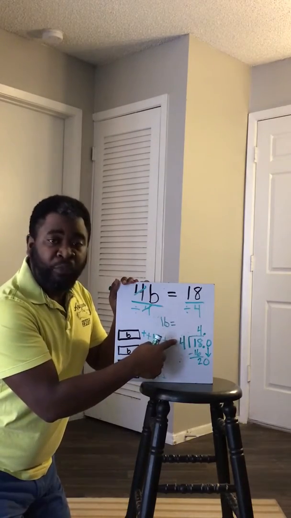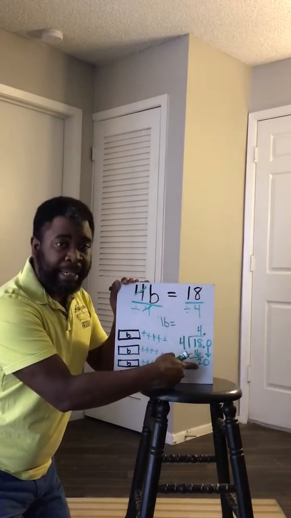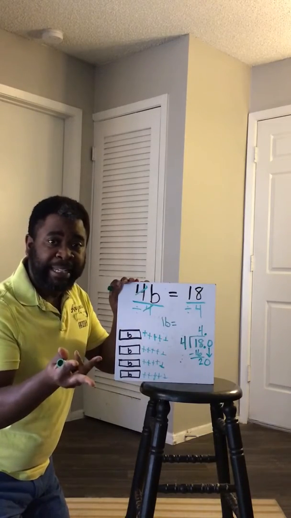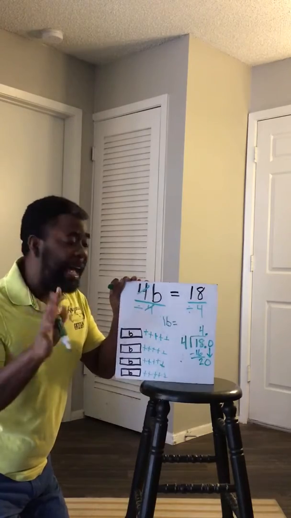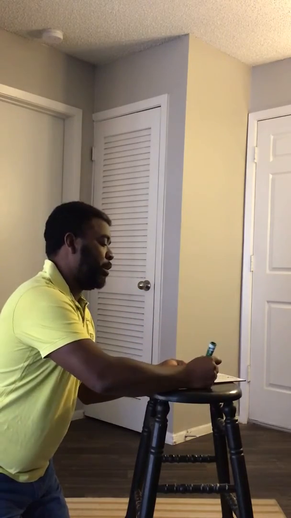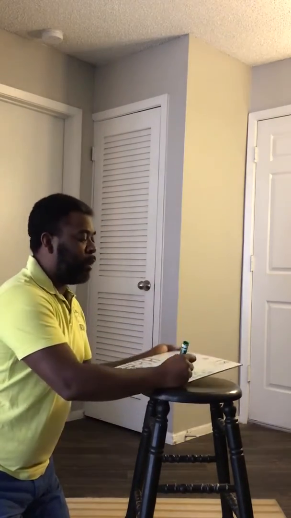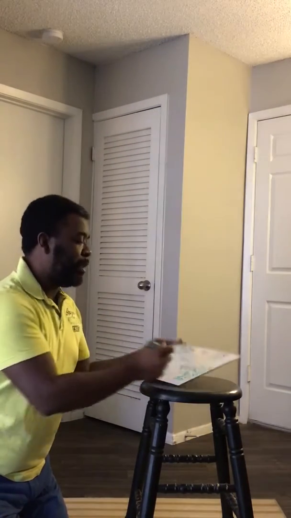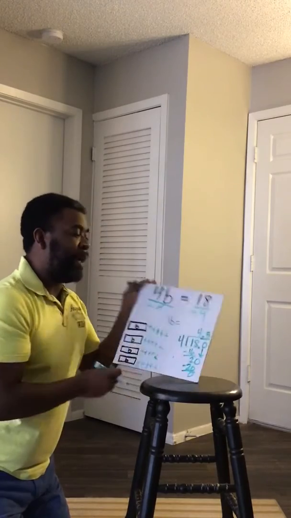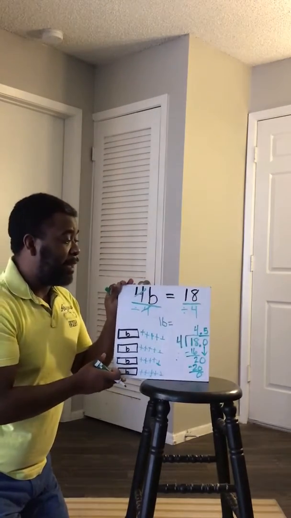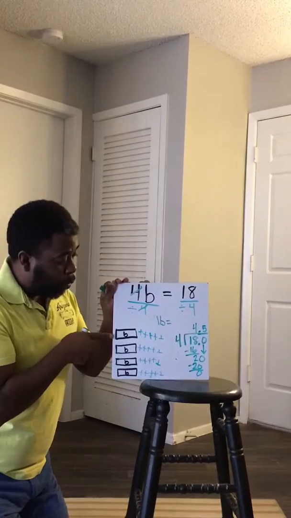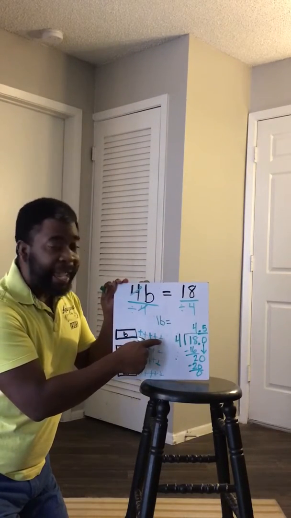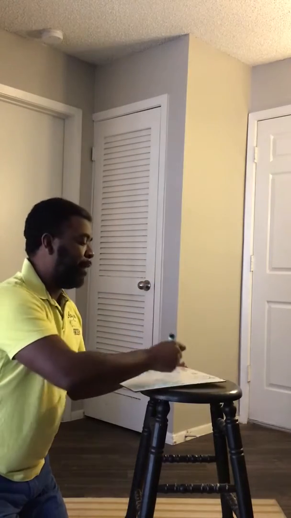How many times does 4 go into 20? 4, 8, 12, 16, 20, that's 5. 5 times 4 is 20. 20 minus 20 leaves me with 0, so I have no remainders. And so 1b is equal to 1, 2, 3, 4 and a half, or 4.5.